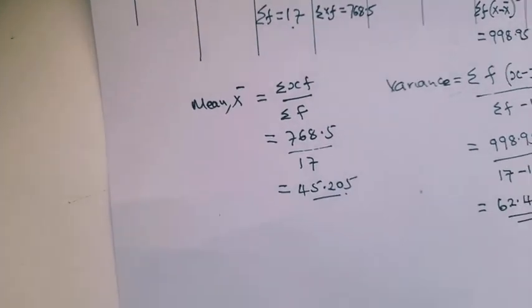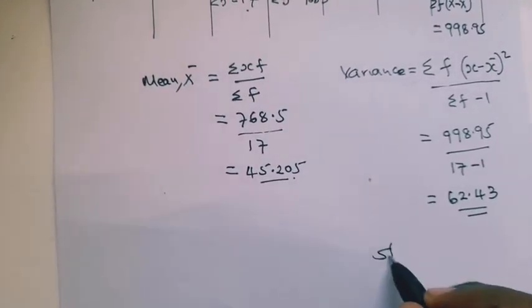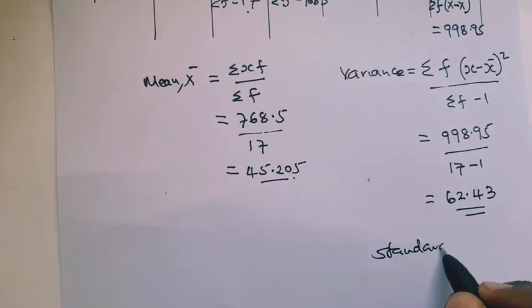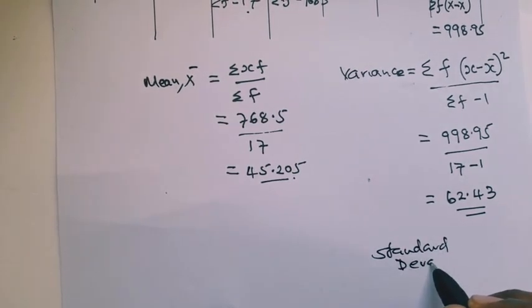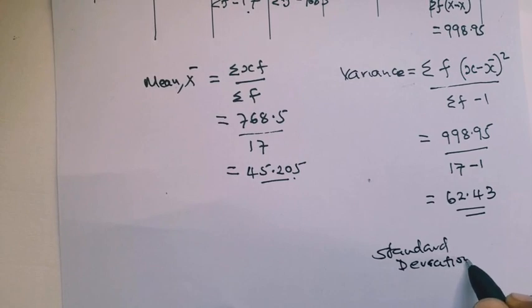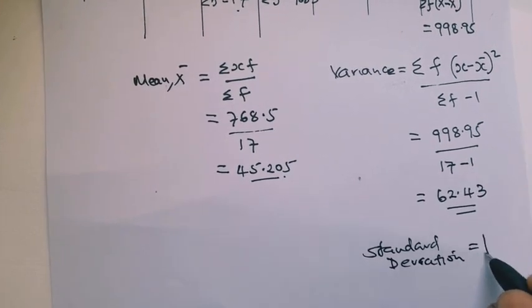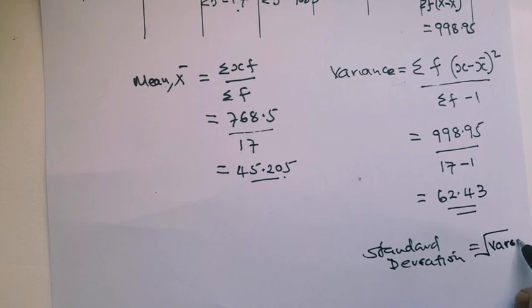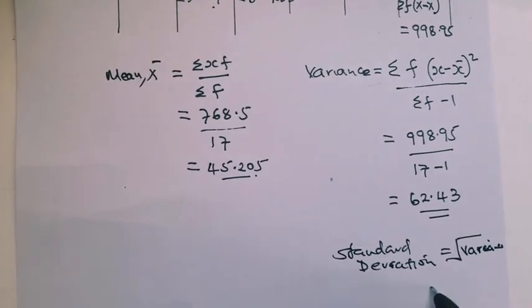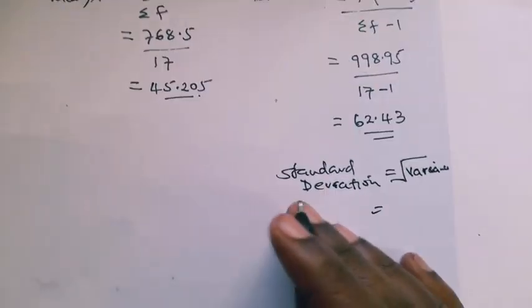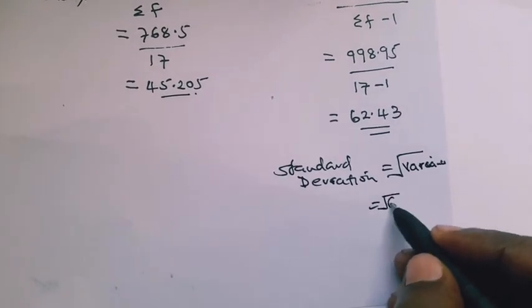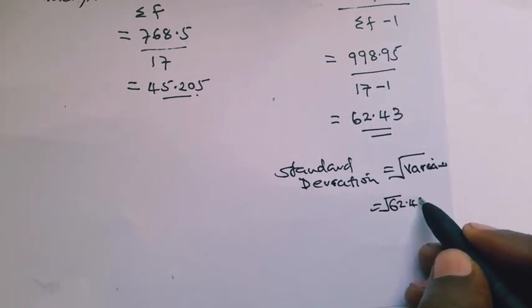Now lastly, we need to calculate the standard deviation. As I said earlier on, standard deviation is taken as the square root of variance, and this one means we are taking the square root of 62.43.